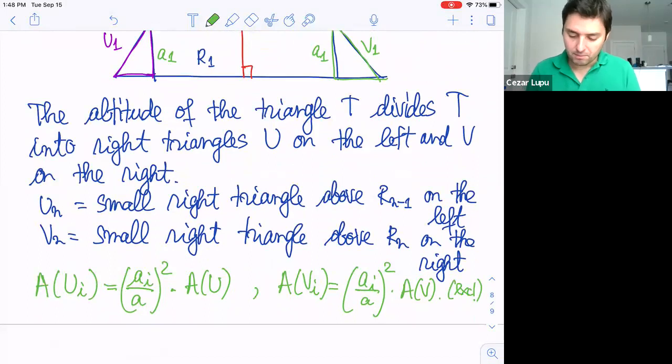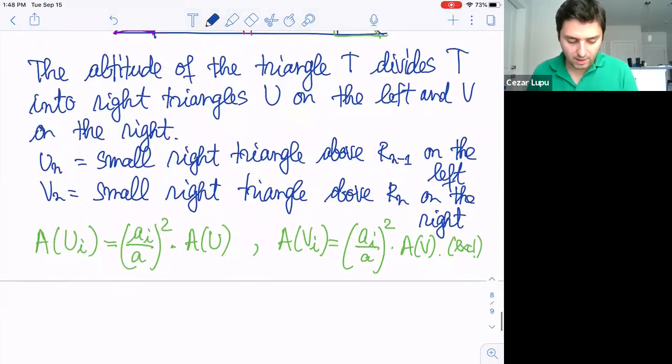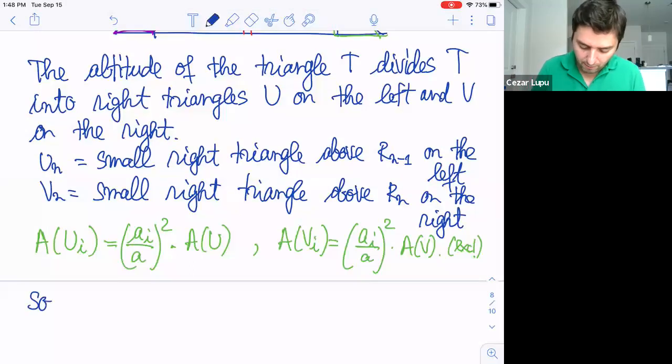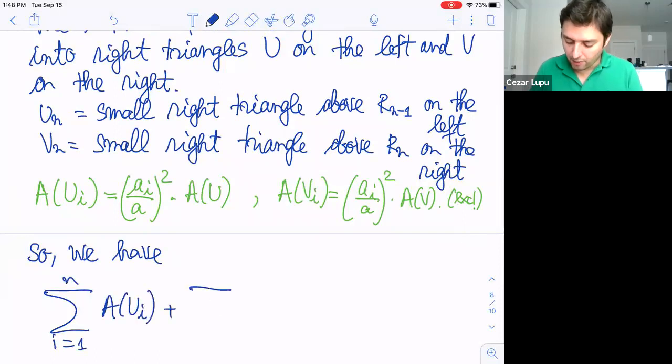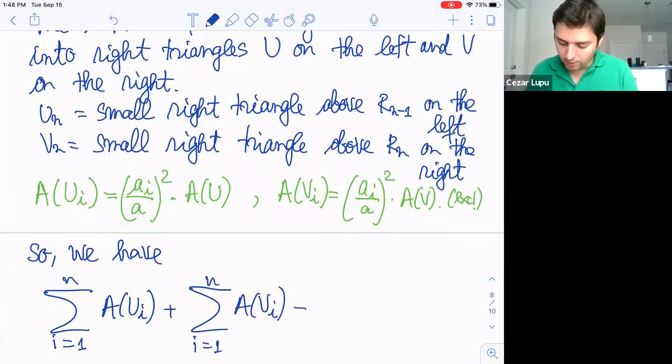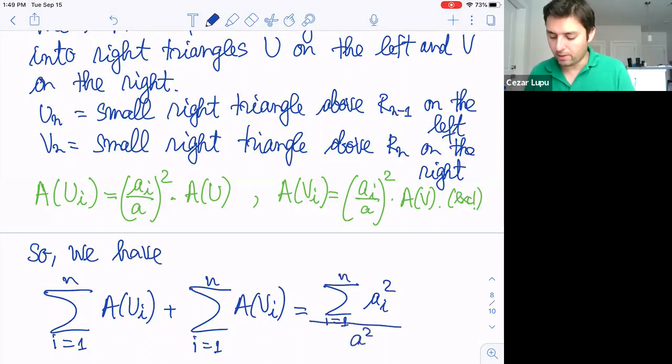And now, guess what? Now we can add everything together. So we have the sum over i of A of Ui plus the sum of A of Vi, which is what? Considering all this, it will be the sum of Ai squared over A squared, right? We can factor this.